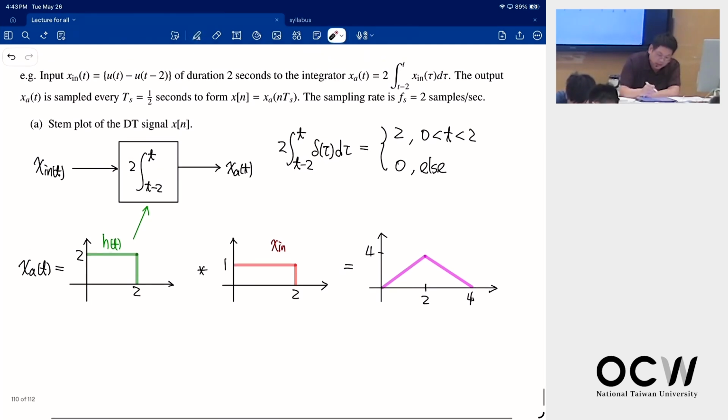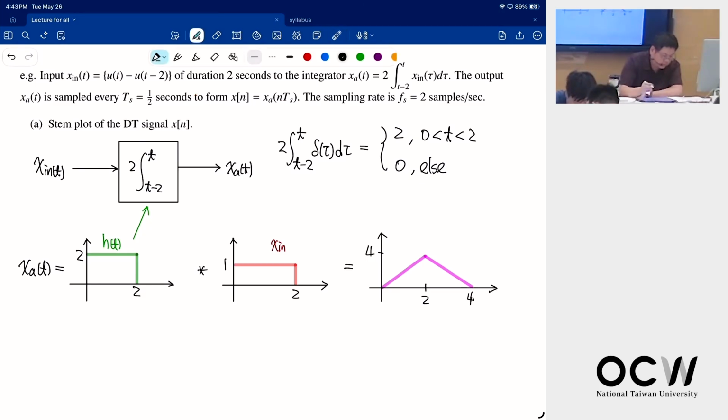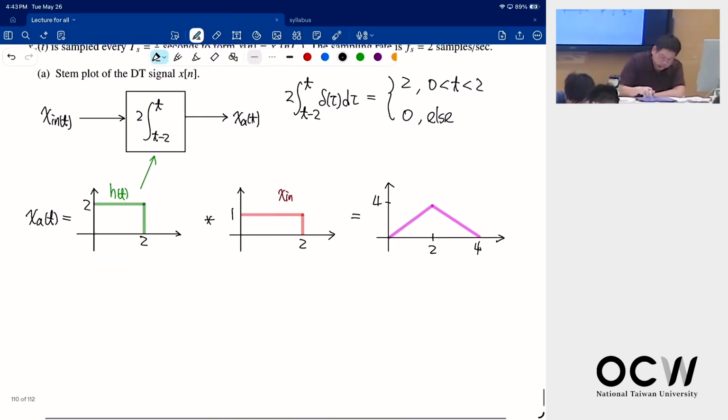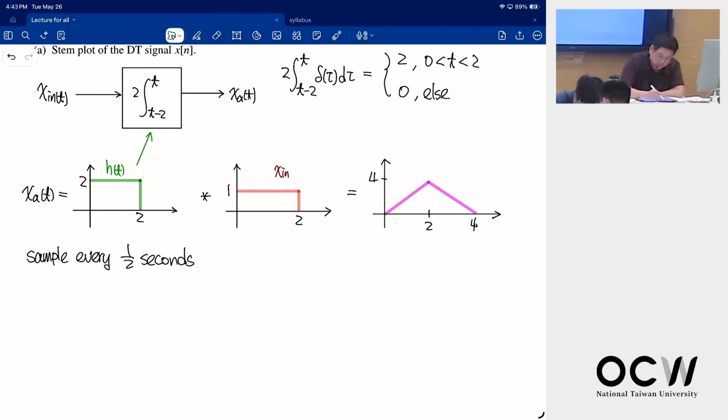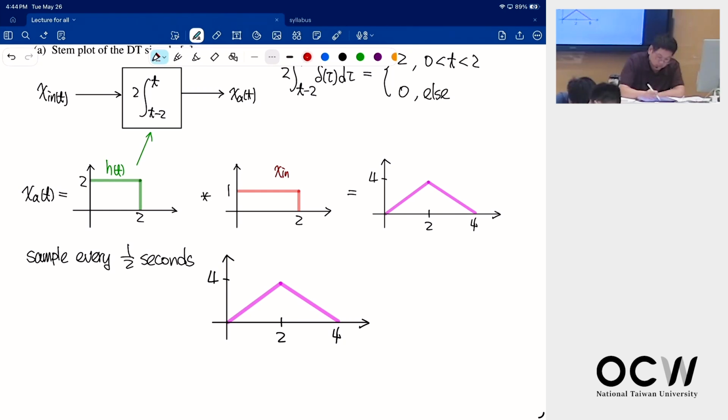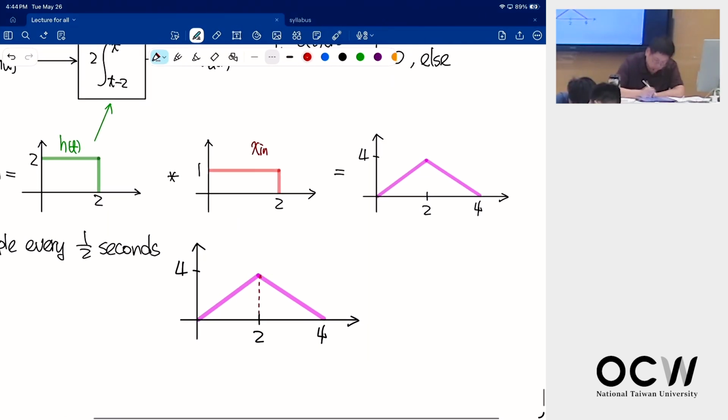Next, I sample every 1/2 seconds. That means this is 2.